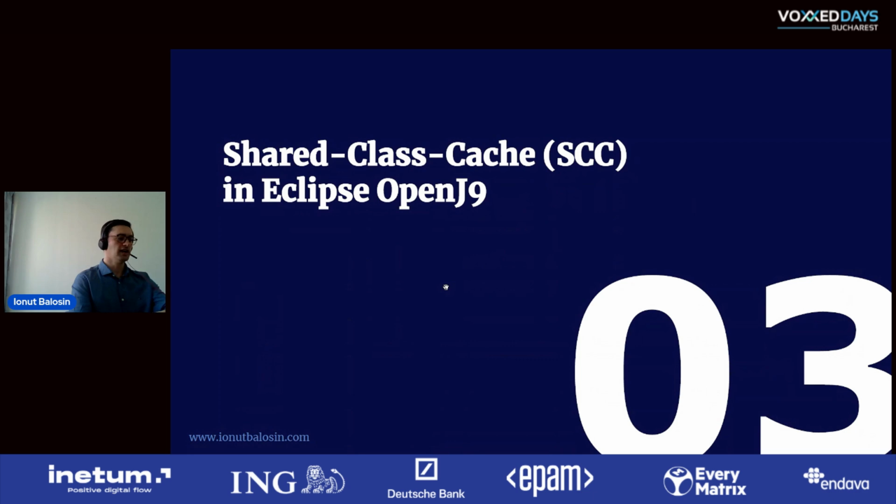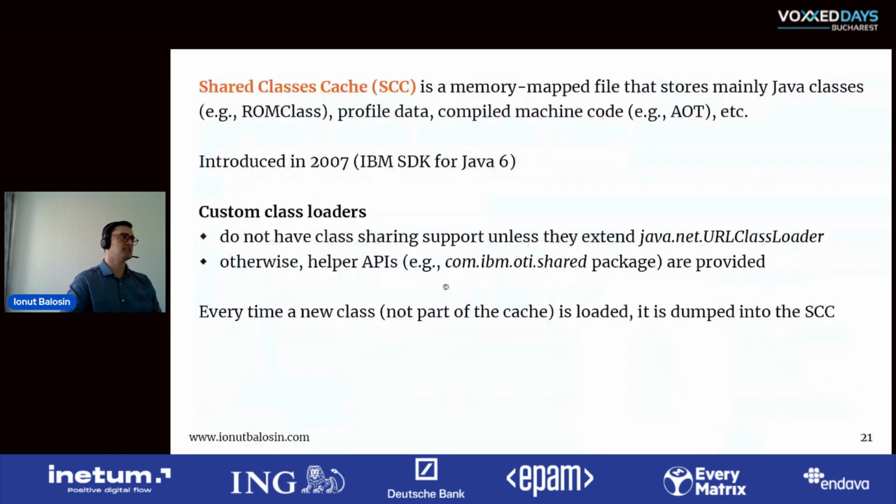Next, I would like to tell you about a different JVM. It's called Eclipse OpenJ9. It's closer from a conceptual perspective to what we have in CDS, in the sense that the shared cache is dumped after the application has started.